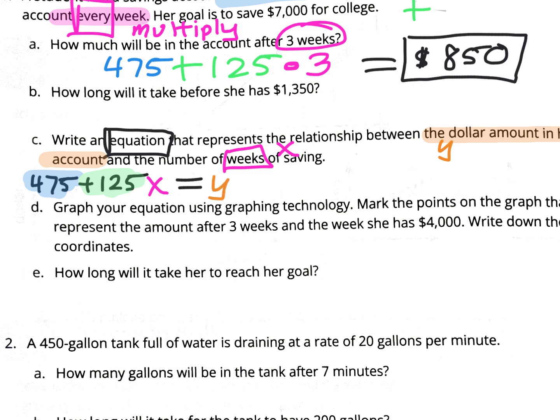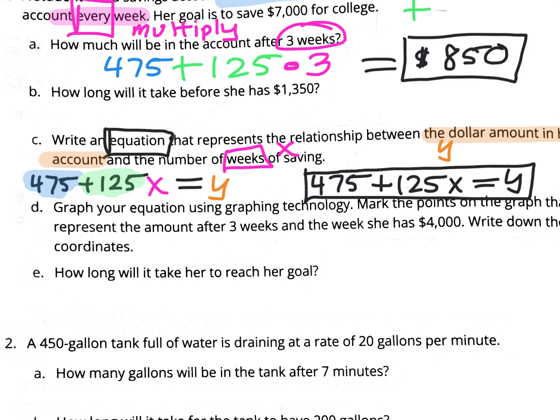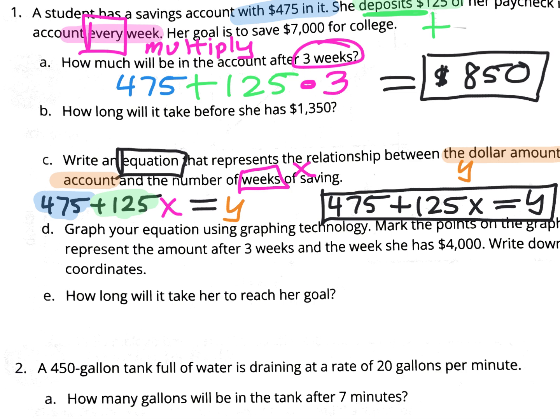So for part C, you should have the equation 475 plus 125x is equal to y.